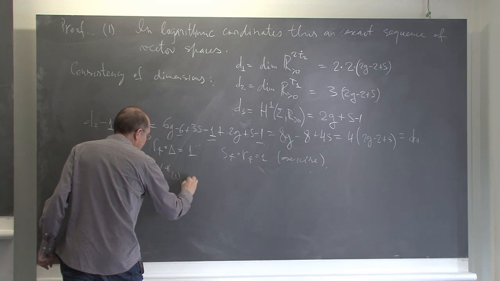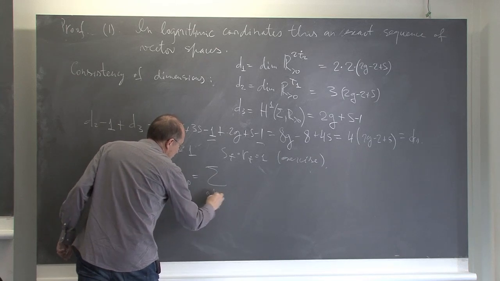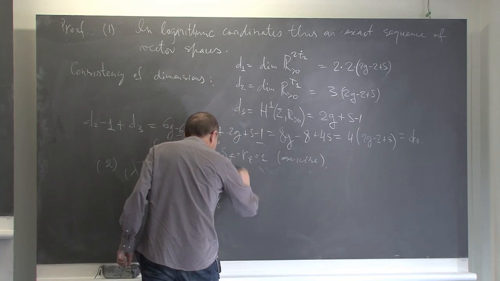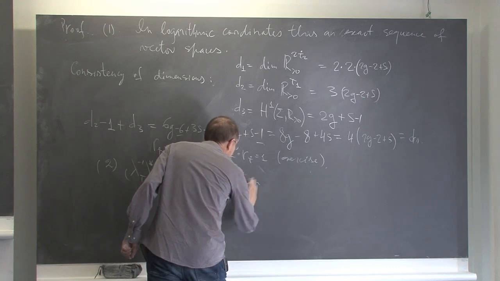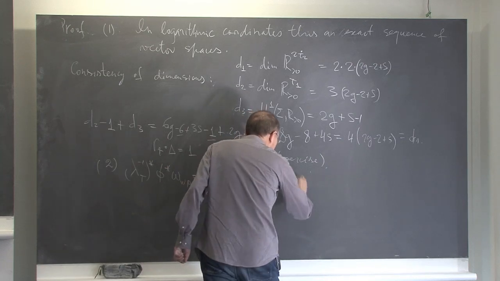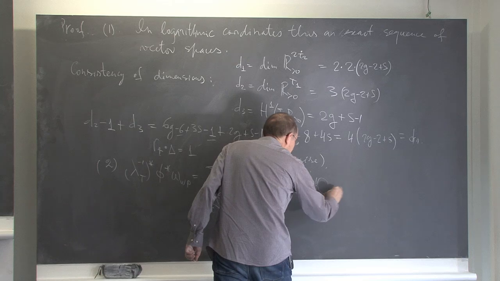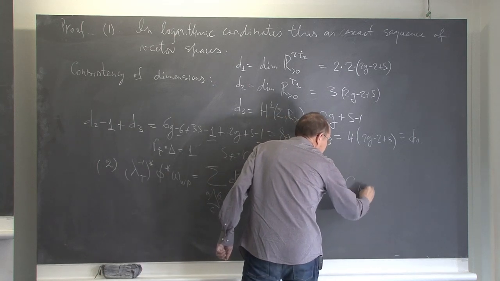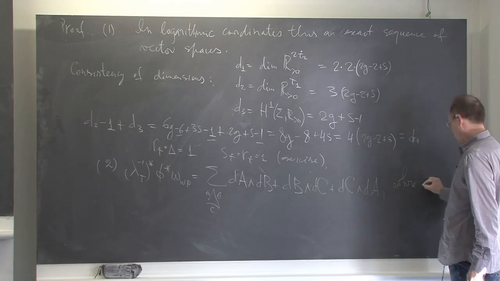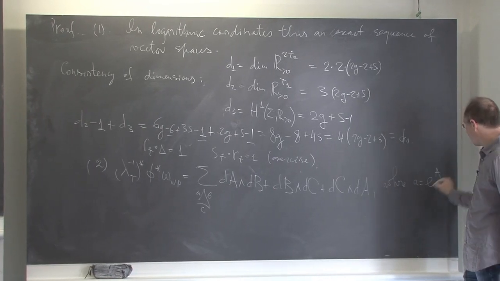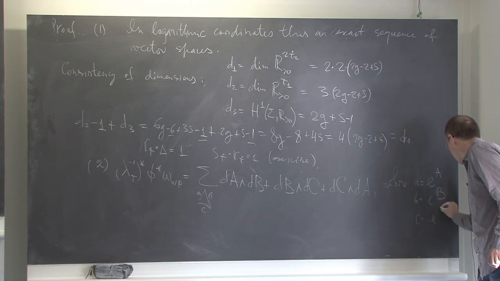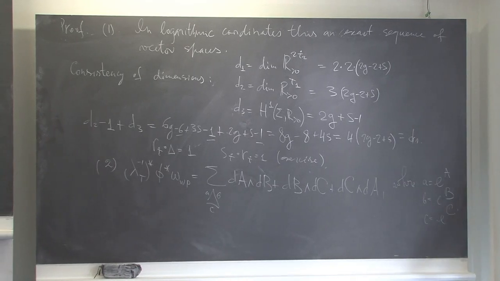By Pender's theorem, we have this formula: d log a, wedge d log b, plus d log b wedge d log c, plus d log c wedge d log a, where small a is e to the power capital A, small b is e to the power capital B, small c is e to the power capital C. So we take the logarithmic coordinates.